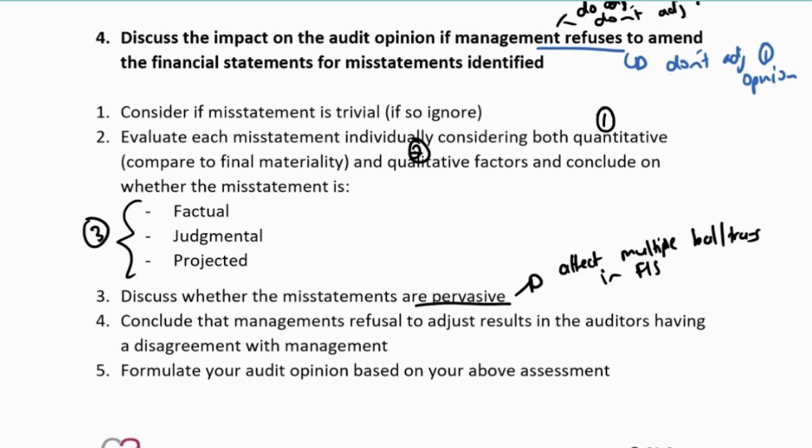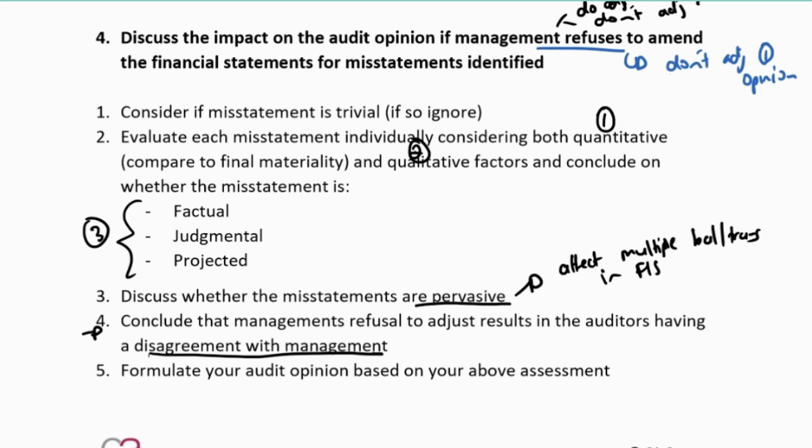But if it affects lots, because it's likely here that there would be lots, and management are refusing to adjust them, I need to go and say, I've got to look at all of them almost in aggregate now, not just in isolation like I do above. The fact that they're refusing means I need to make a statement that says that there is a disagreement with management because they will not adjust.